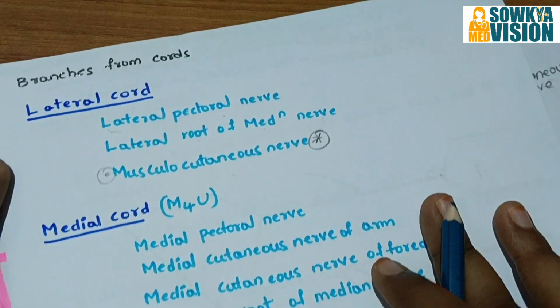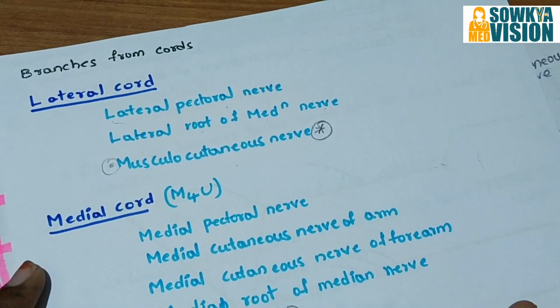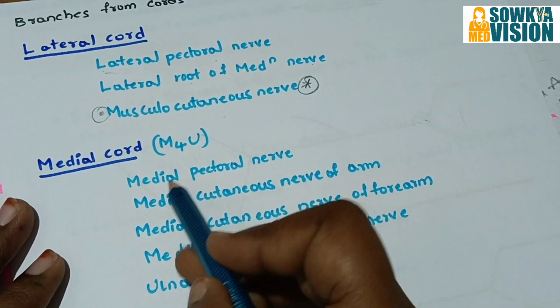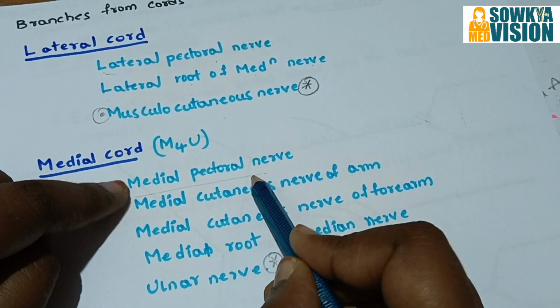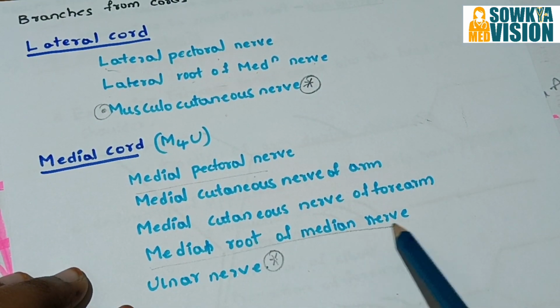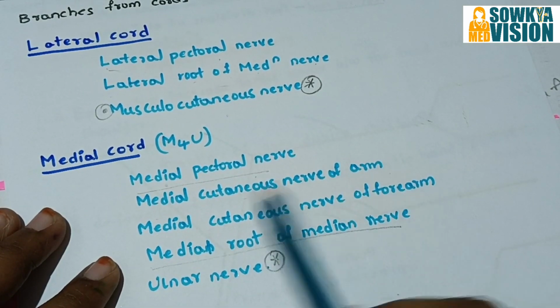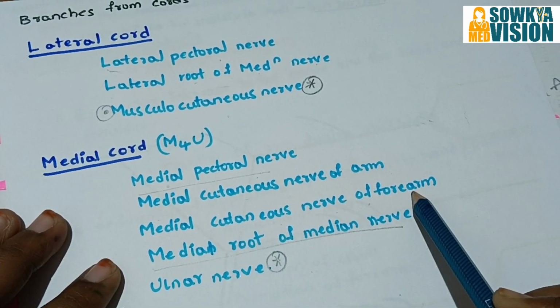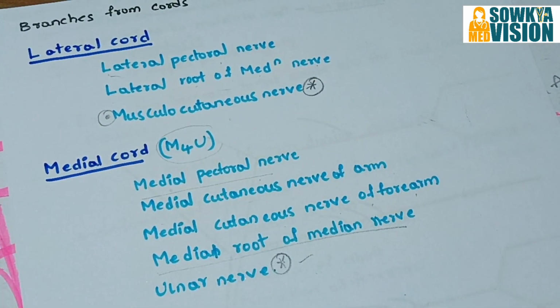As the lateral branches are present, there are same like medial branches, like medial pectoral. As lateral pectoral, it is a medial pectoral. Lateral root of median nerve, here we have medial root of median nerve to form median nerve. Medial cutaneous nerve of arm, medial cutaneous nerve of forearm, and finally ulnar nerve. You can remember it as M for U. Nerve starts with M, U for ulnar nerve.